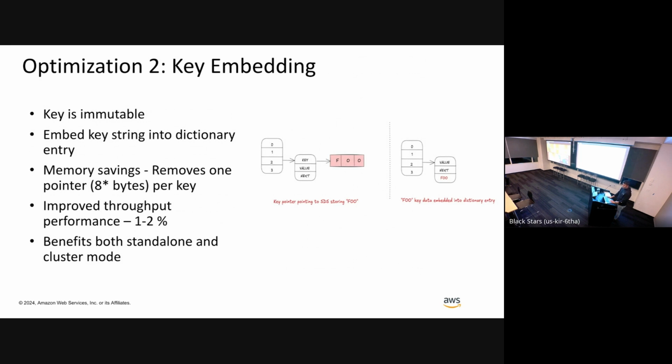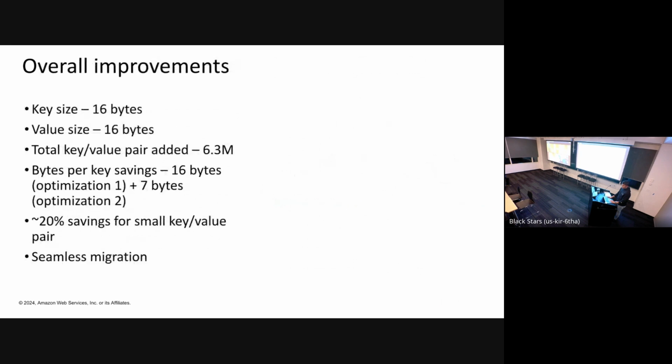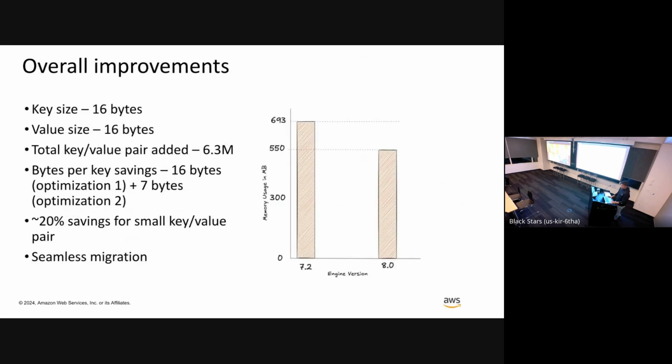I'll talk a bit about the numbers which we observed. I took a use case of key and value size of 16 bytes, which is like small key-value pairs. I added roughly 6.3 million keys through valkey-benchmark to a Valkey 7.2 node.